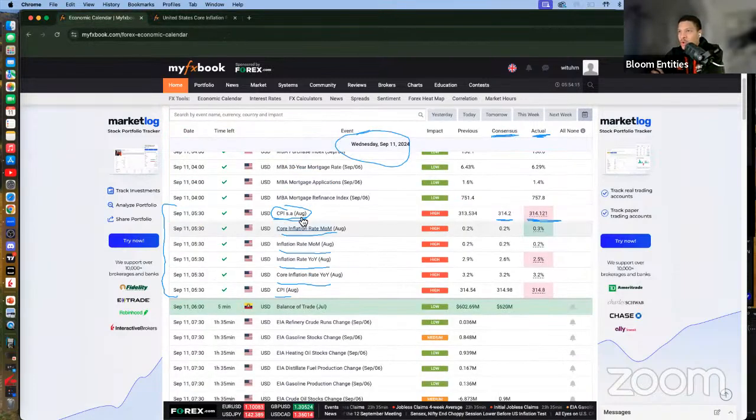So that's the core CPI. This one here is the core CPI, separate from this, right? And then we've got inflation rate year over year and month to month.